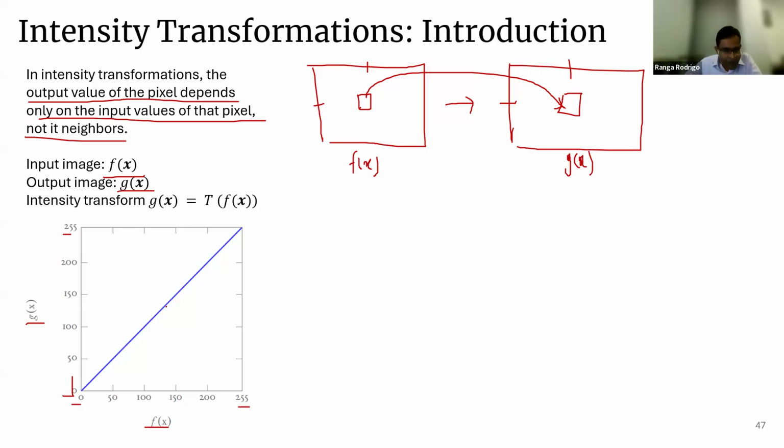So what this blue line means is, if I have a pixel with intensity 100, what is the value of the output pixel? In this one, it's 100 because this is an identity transformation.